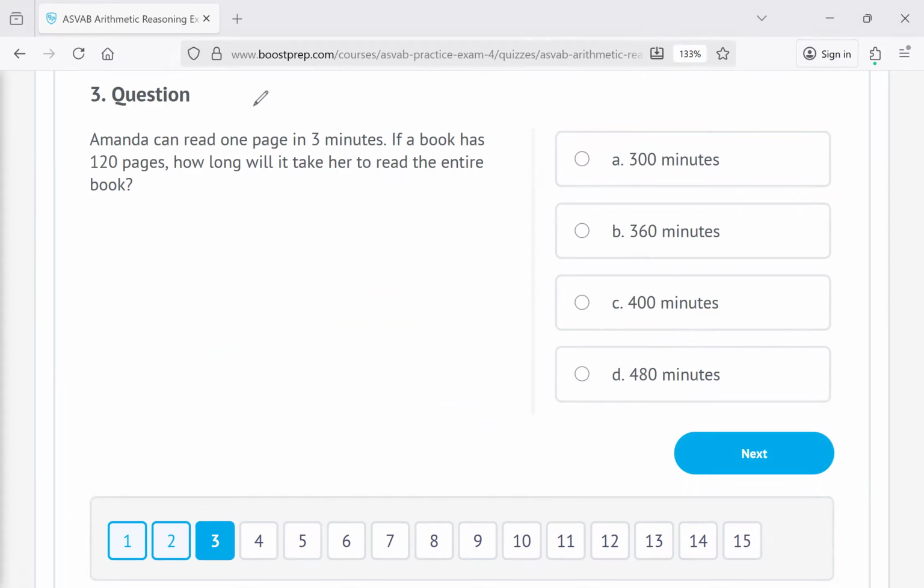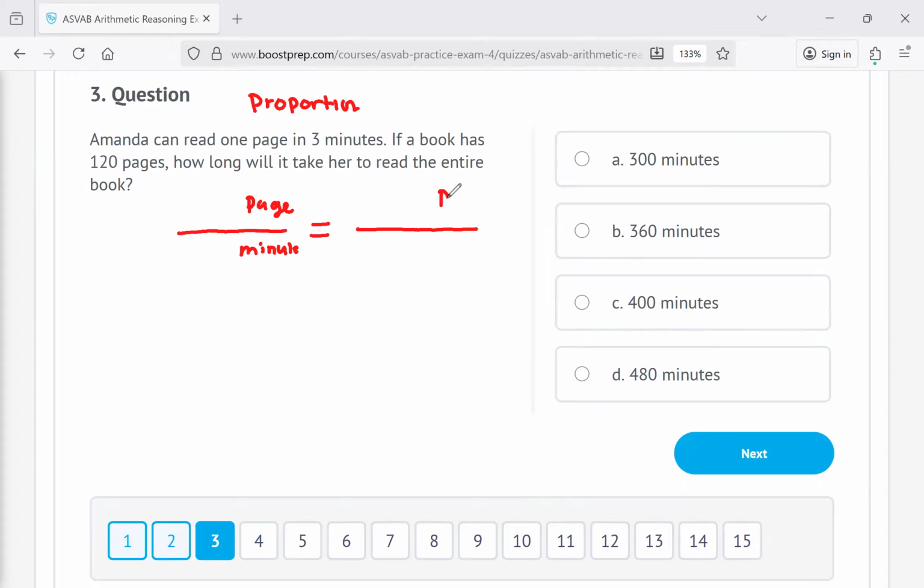I know this is a word problem and I know it's a proportion. So how do we set it up? You can set it up however you like. Amanda could read one page in 3 minutes, so our units will be page on the top and minutes on the bottom.